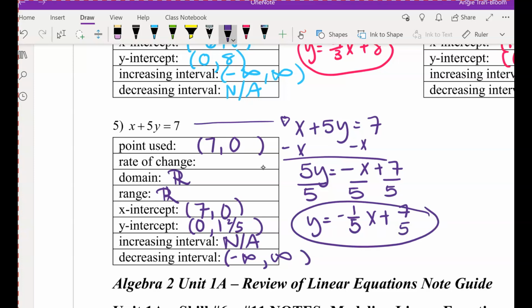Did you guys have a negative 1/5? Perfect. And that is the end of our day.